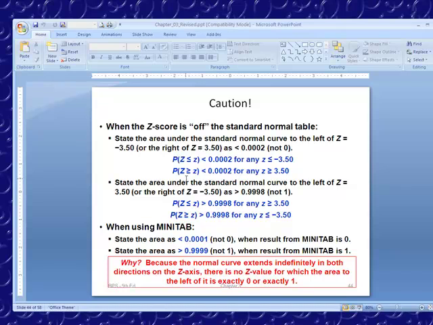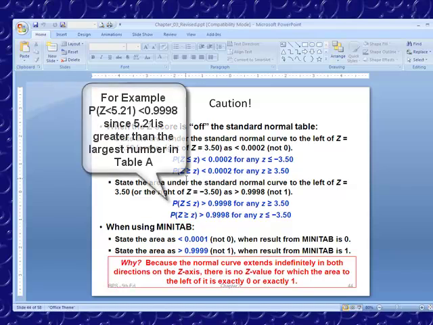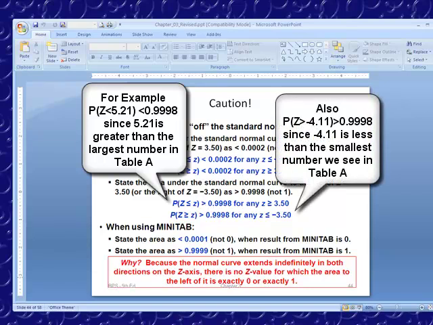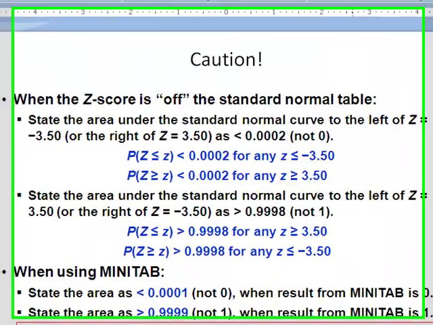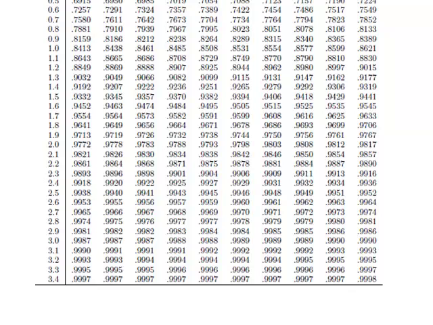Now, when we say the probability that z is less than positive 3.5, and let's say that we have a bigger number than the chart gives us, then we'd say that the probability is greater than 0.9998, because on the table we see that any number greater than 3.49 we don't have information for.